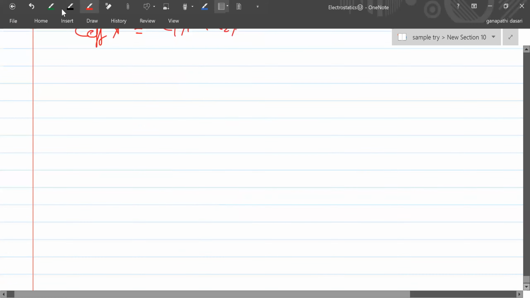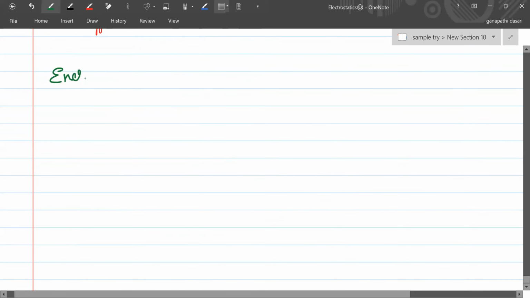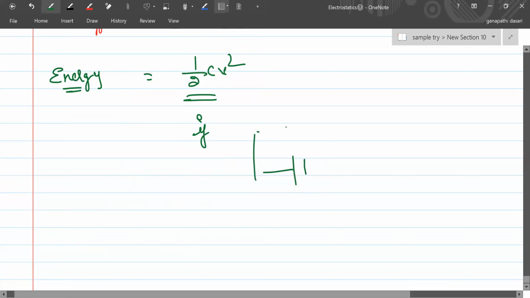And the energy stored in the capacitor will be equal to half CV square. Suppose a battery of potential V is there, initially the charge on this capacitor is 0 and the battery has charged this capacitor.